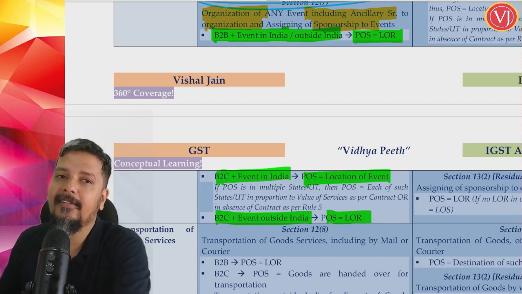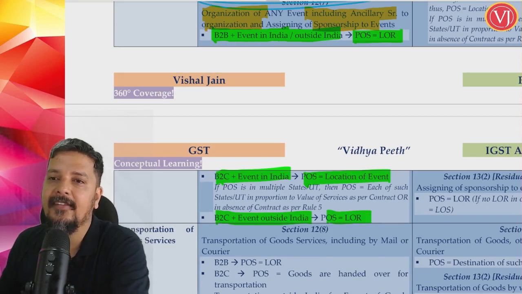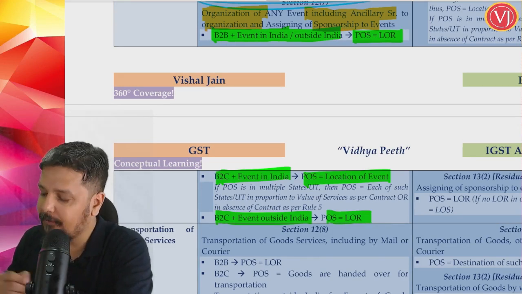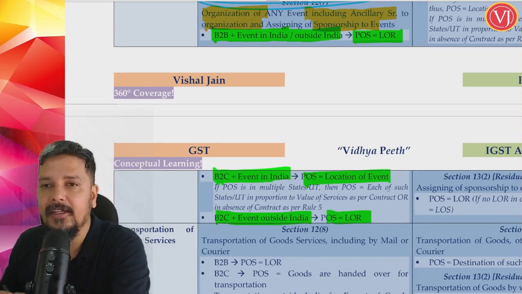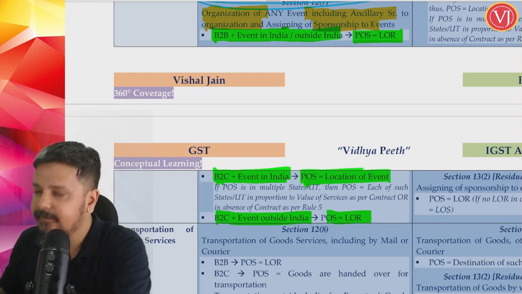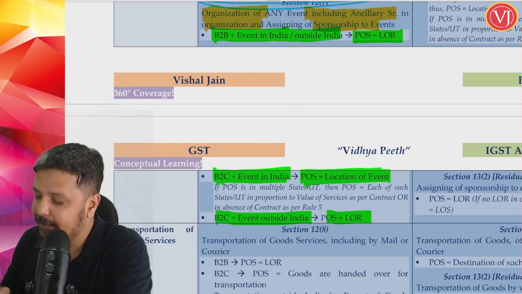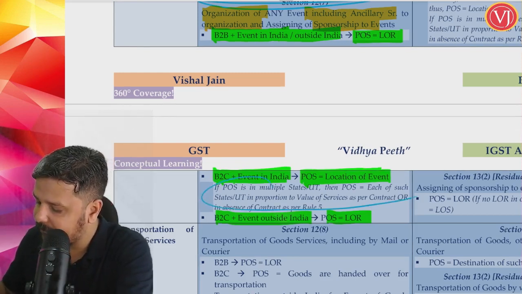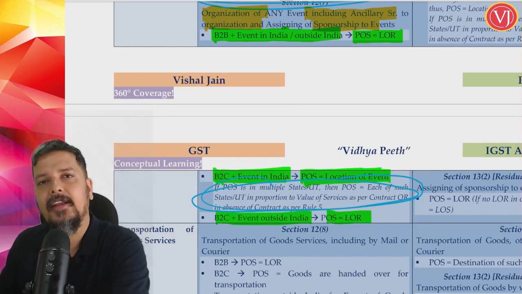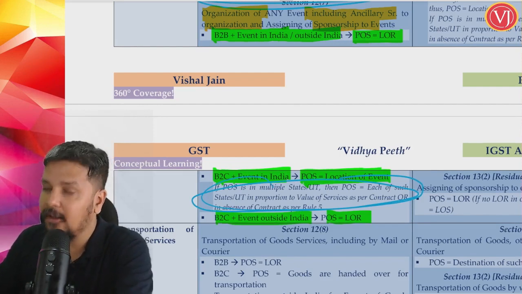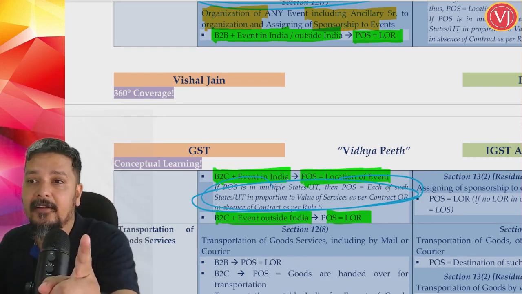But in one place, they do realize that the answer can be multiple places. When it is B2C and the event is in India, where place of supply is the location of the event, there they say that if it is multiple states, then we'll have a particular provision that was not there for admission, by the way.